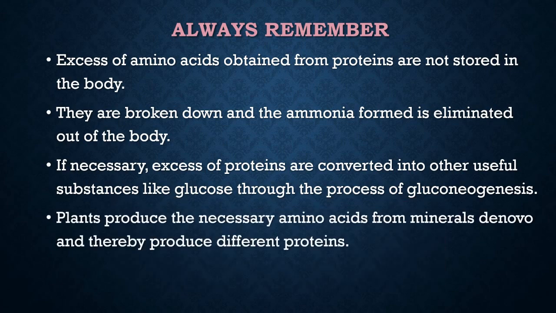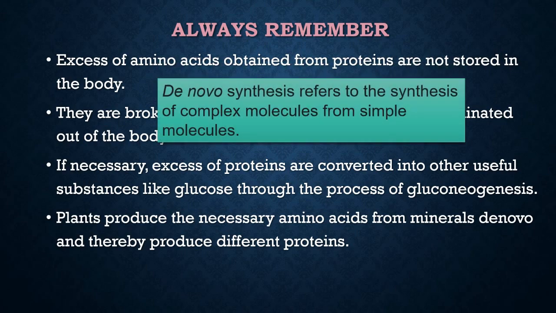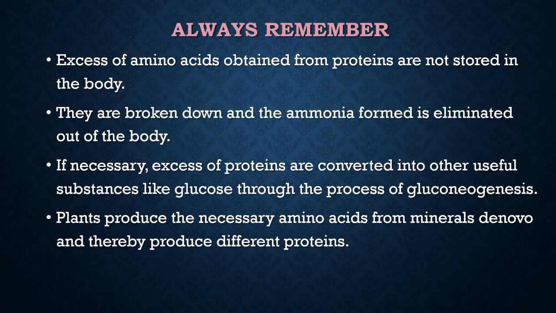Then the plants produce the necessary amino acids from minerals through a process called de novo synthesis, and thereby they produce different types of proteins. De novo synthesis refers to the synthesis of complex molecules from simple molecules.